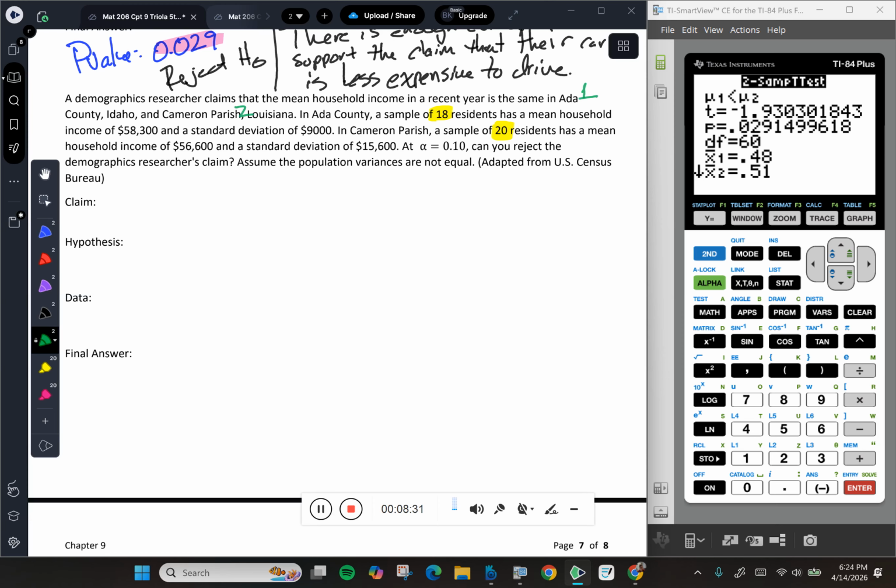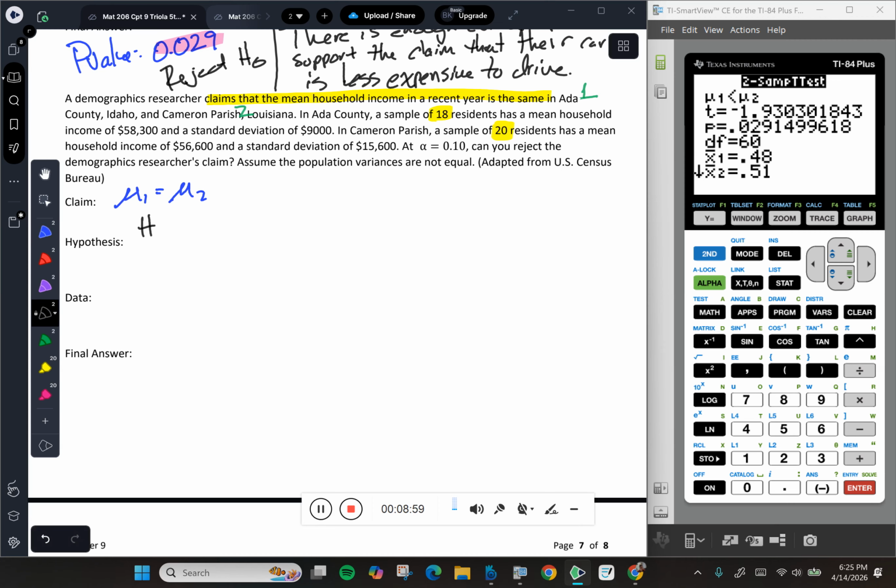Cameron Parish, Louisiana is 2. The claim that the researcher made is that they're the same. So the claim is that the mean household income in population 1 is the same as the mean household income in population 2. That is Idaho and Louisiana respectively.